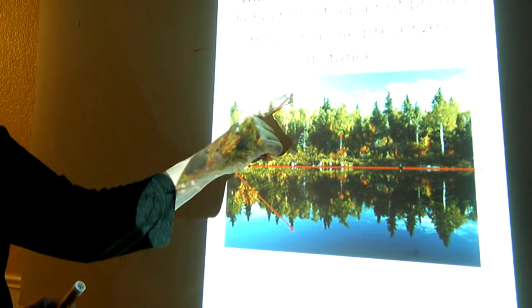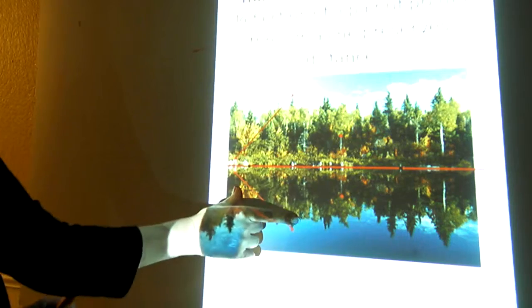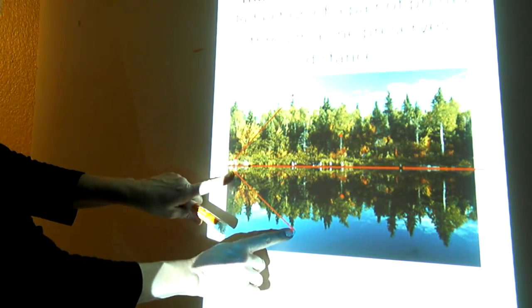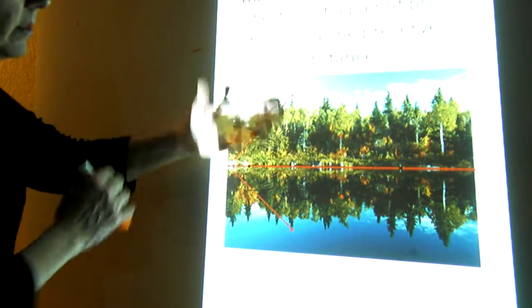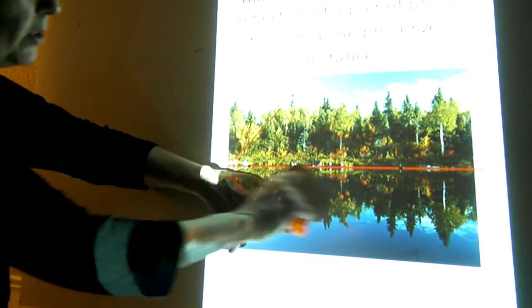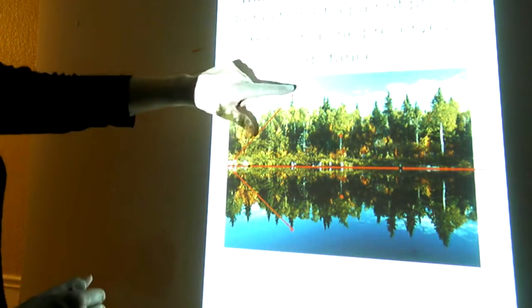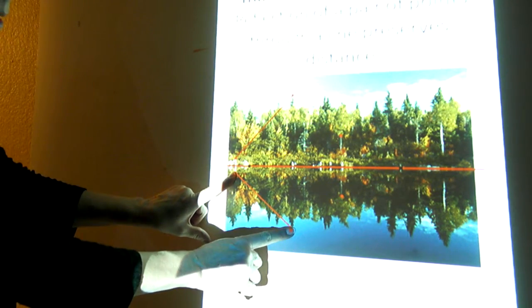From here to there, crossing over the line, it preserves distance. So the distance from this point to this point is going to be the same as from this point to this point. And that's what it means by preserves the distance.